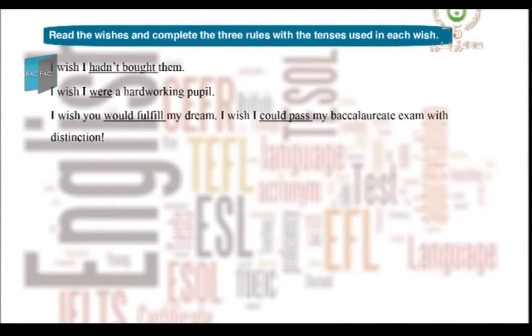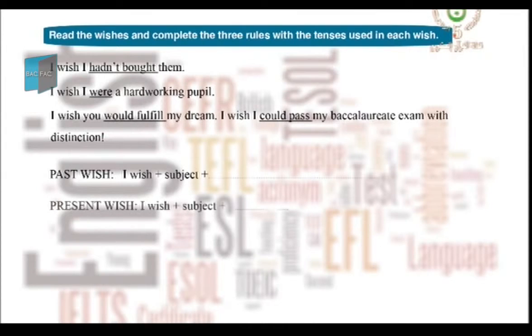Now, focus on the 3 wishes made by Melissa. Pay attention to the words which are underlined, and let's complete the rules now with the tenses used in each wish. The first wish is a past wish. So it starts with I wish plus the subject plus the blank you are going to fill with the tense of the wish. The second wish is a present wish.